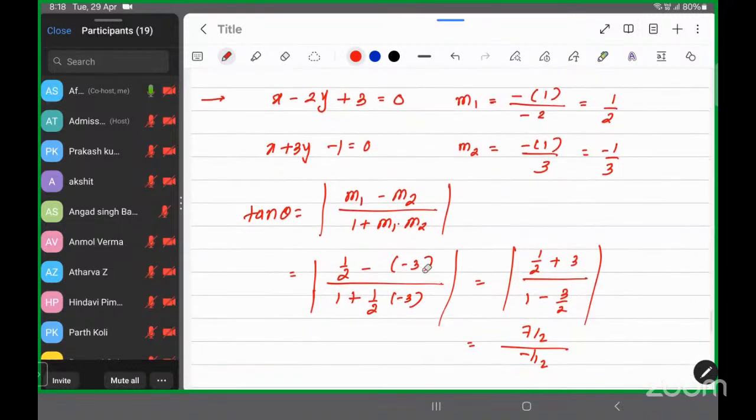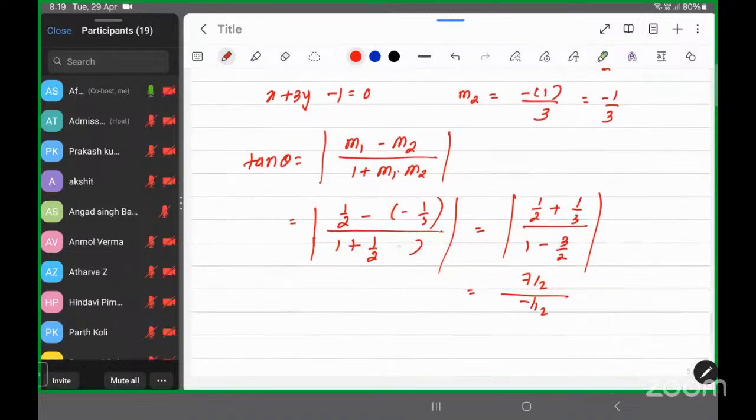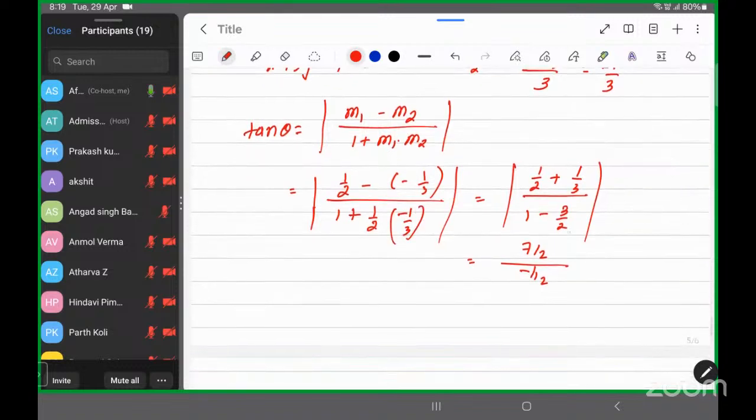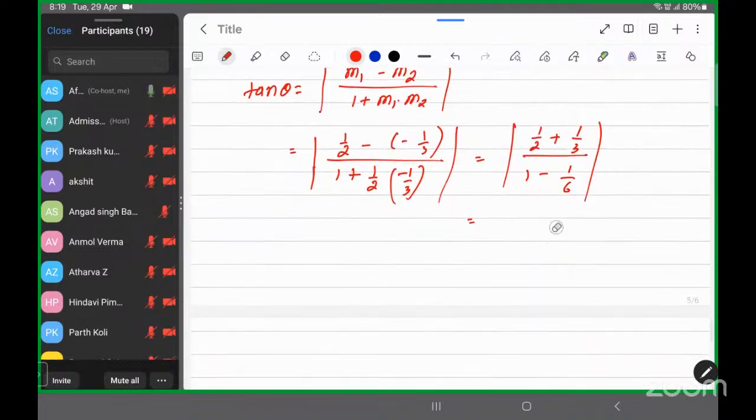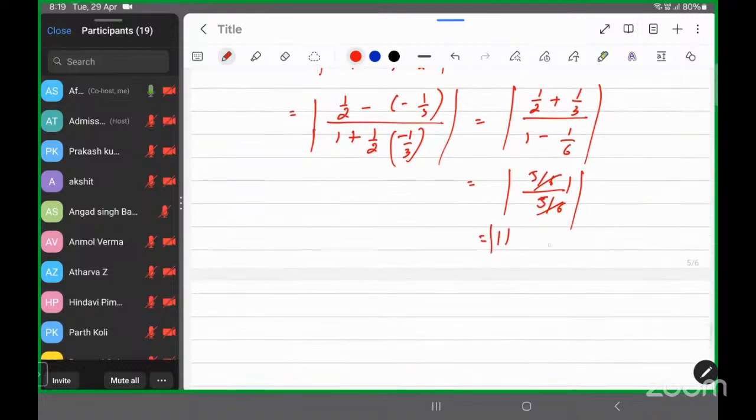We substitute the values: here it's 1 by 2 minus minus 1 by 3, that means 1 by 2 plus 1 by 3, and here again 1 plus 1 by 2 into minus 1 by 3. So you will get 1 minus 1 by 6. Recalculating, 5 by 6 upon 5 by 6, so it becomes 1.